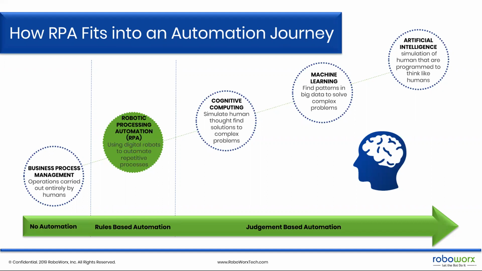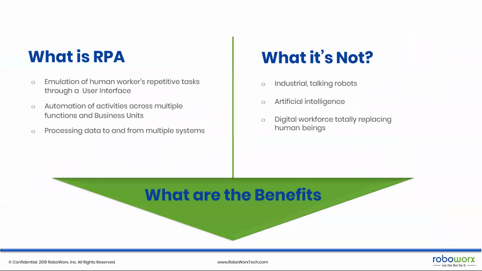And you start to move into judgment-based automation and cognitive computing, where it's simulating human thought to solve complex problems, and machine learning, where it's looking at big data and looking for patterns to solve problems. And then ultimately the holy grail of automation, which is artificial intelligence, where it's simulating to think like humans. So that's where RPA fits in the big picture of automation.